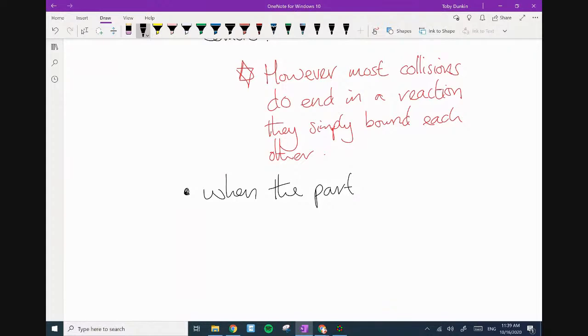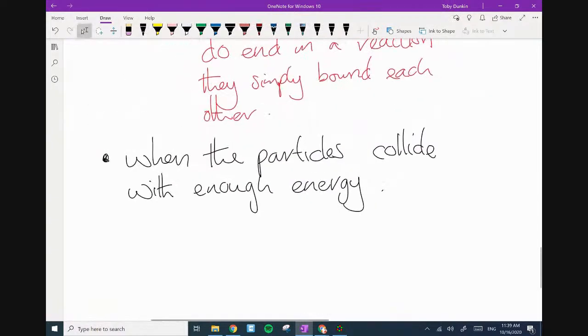They must have enough energy. Correct. The ones with higher energy. That's correct. So when particles collide with enough energy, there will be a reaction.